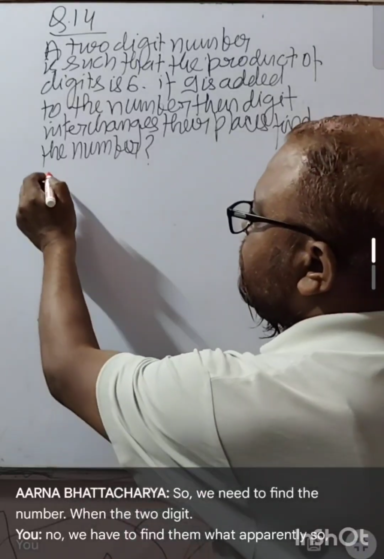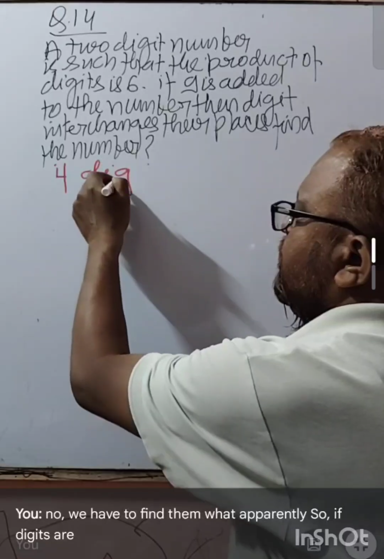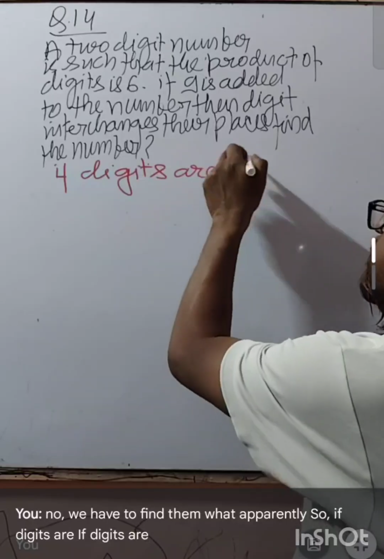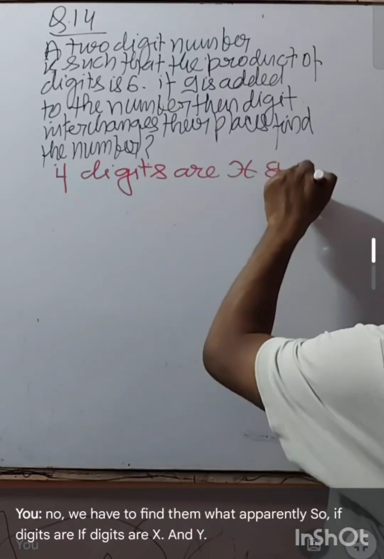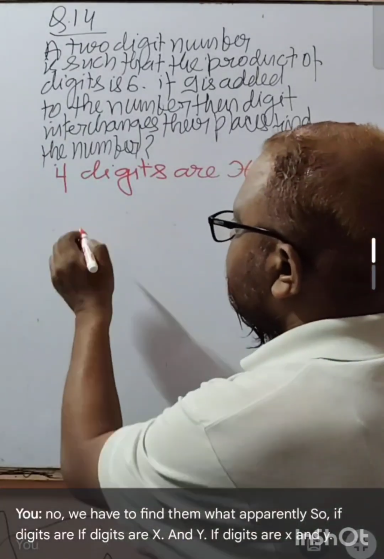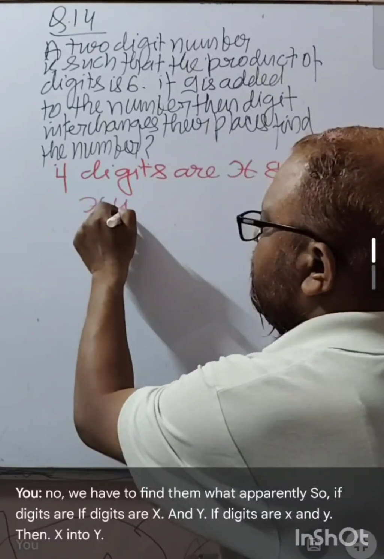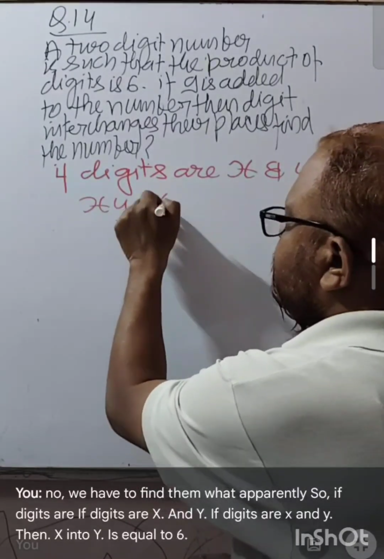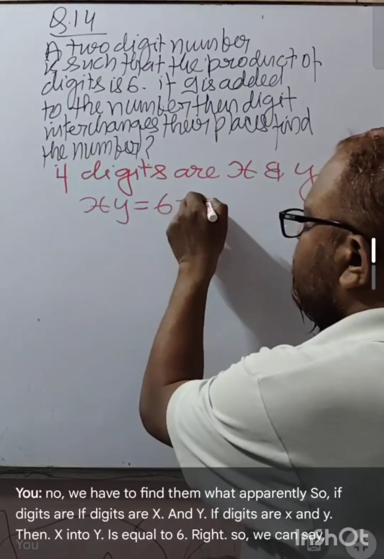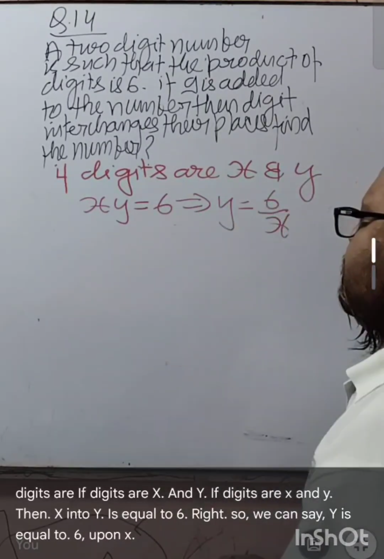So if the digits are x and y, fine, then x into y is equal to 6, right? So we can say y is equal to 6 upon x.